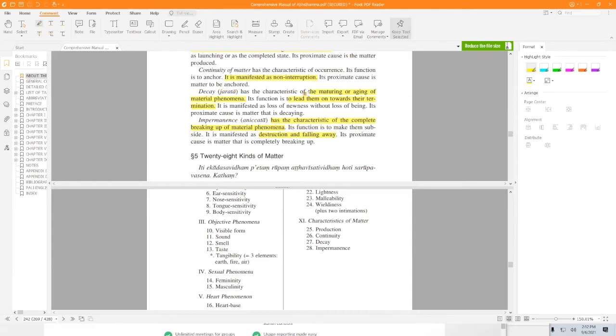So those would be instances of maturing or aging of material phenomena. And then the last one, impermanence, is the complete breaking up and destruction of the material phenomena.